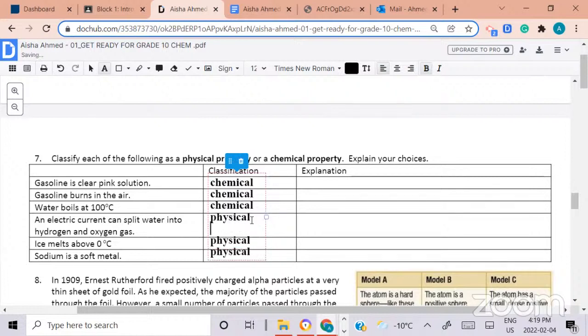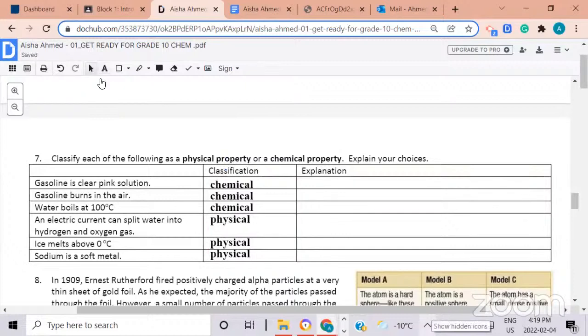Okay, awesome. So, let's see now, explanation. Gasoline is a clear pink solution. If it's pink, then how's it clear? Anyways, I get the point.